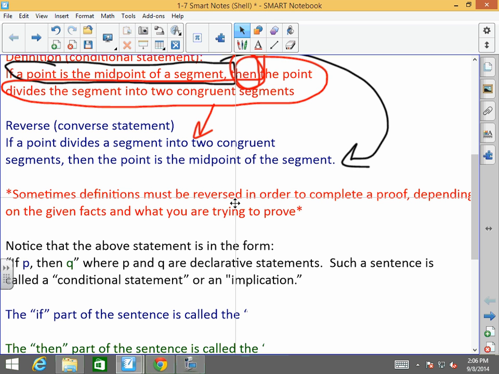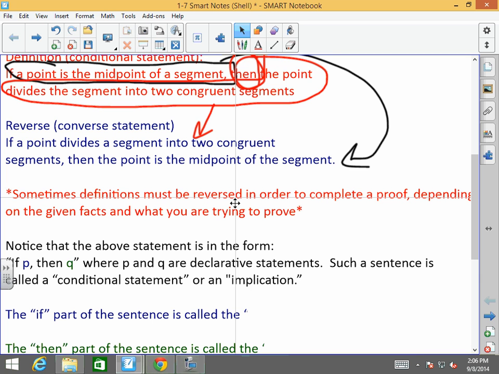Notice that in the above statement, the statement is in the form of if P, then Q, where P and Q are called declarative statements. Such a sentence is called a conditional statement, hence why I said it was a conditional. Or an implication. That basically means that you're implying something. You don't need to memorize that it's an implication. I just wanted to let you know, in case you see that in a question on a test or a quiz, that implication and conditional statement are the same thing.